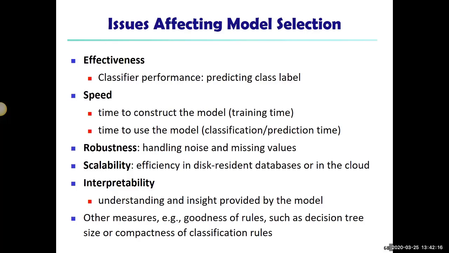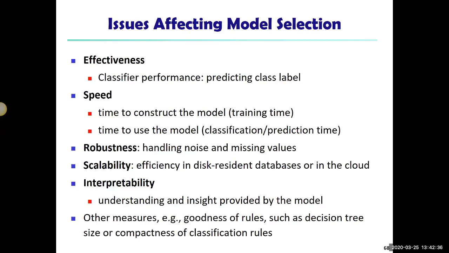Why do you classify me as a risky person and deny my loan request? I want an answer. You cannot just say my AI system told me to deny you. That would be too crude. So interpretability is a very important measure.